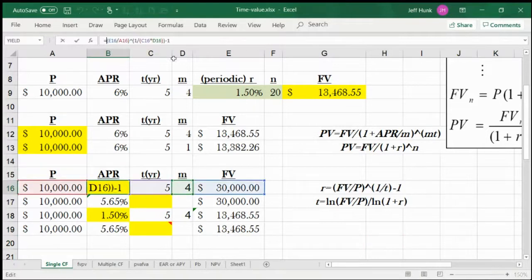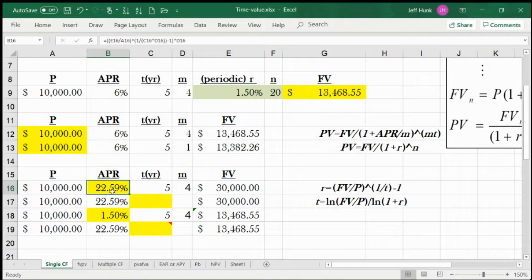All you need to do is make an adjustment. If what I got there is a quarterly rate, simply multiplying it by the compounding frequency will turn it into an annual rate.